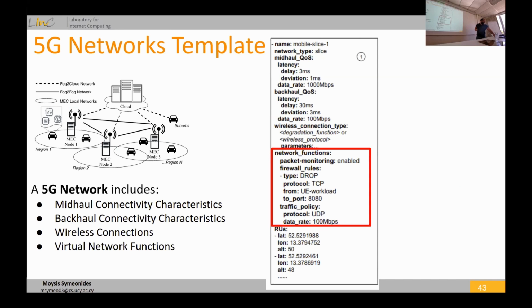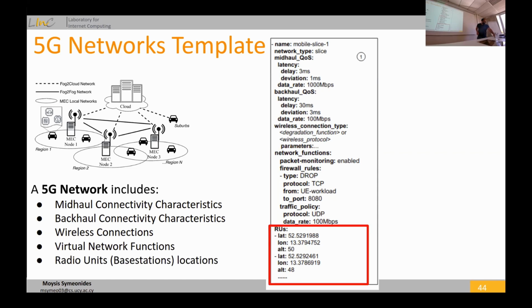Then we have virtual network functions like firewall rules and traffic policies. And finally, in such a network, we also need to provide the geoposition of the antennas, which is a list of latitude, longitude, and altitude points.